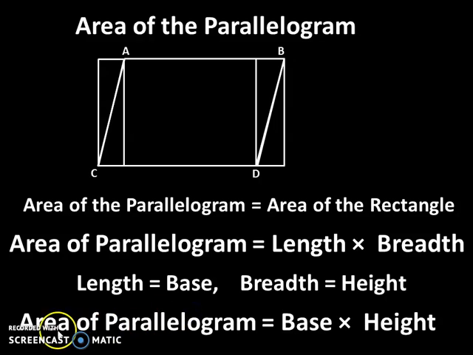So the formula is: area of a parallelogram is equal to base multiplied by height. For example, from A, you find the length of this height, and the length of CD, and you multiply both values, then you get the area of the parallelogram. So these are two formulas, the area of the triangle and the area of the parallelogram. Using these formulas you can solve your problems.